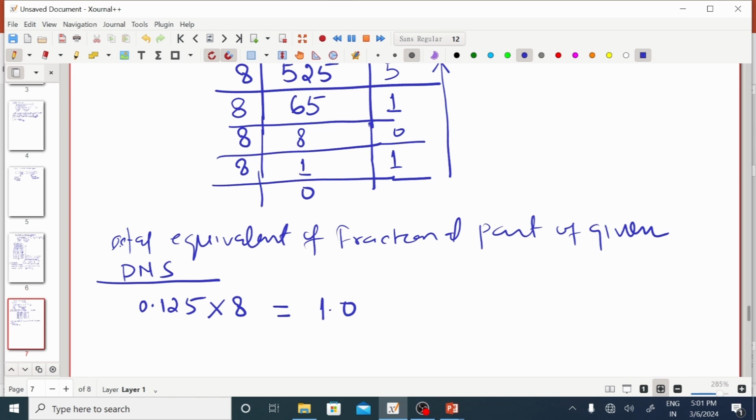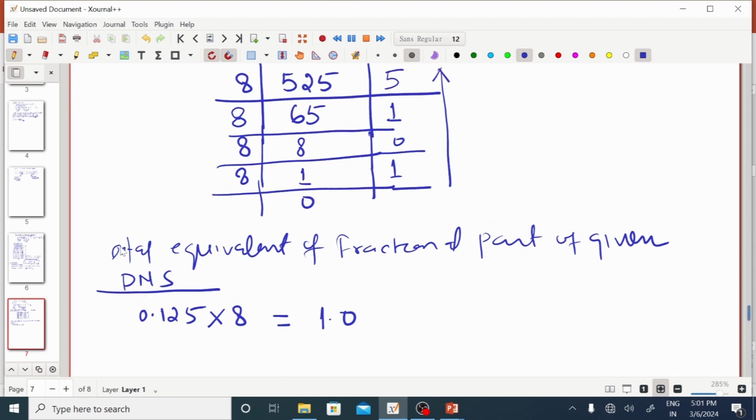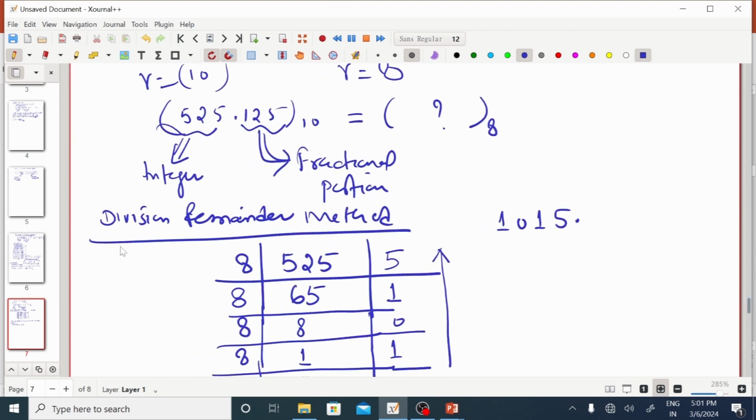There is no successive fraction, hence we stop here, and this is written as 1015.1. After that we can put any number of 0s, it does not matter. So this number is equivalent in base 8.